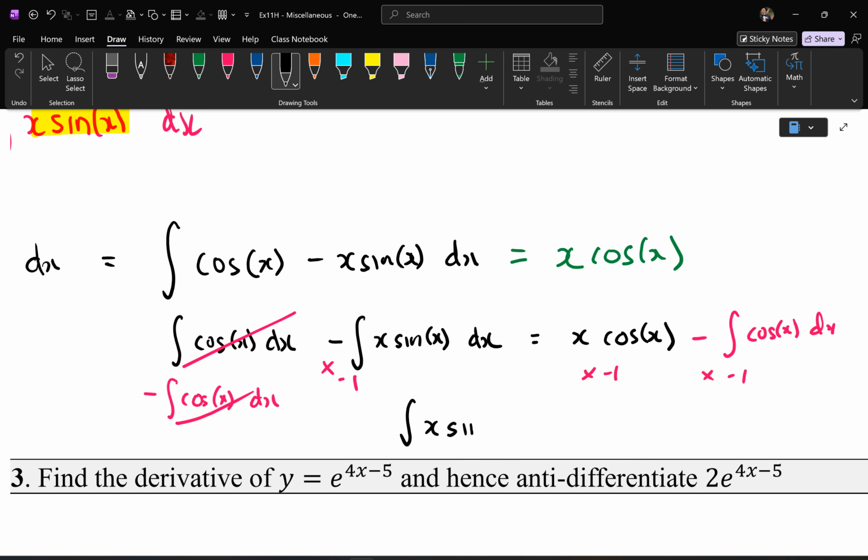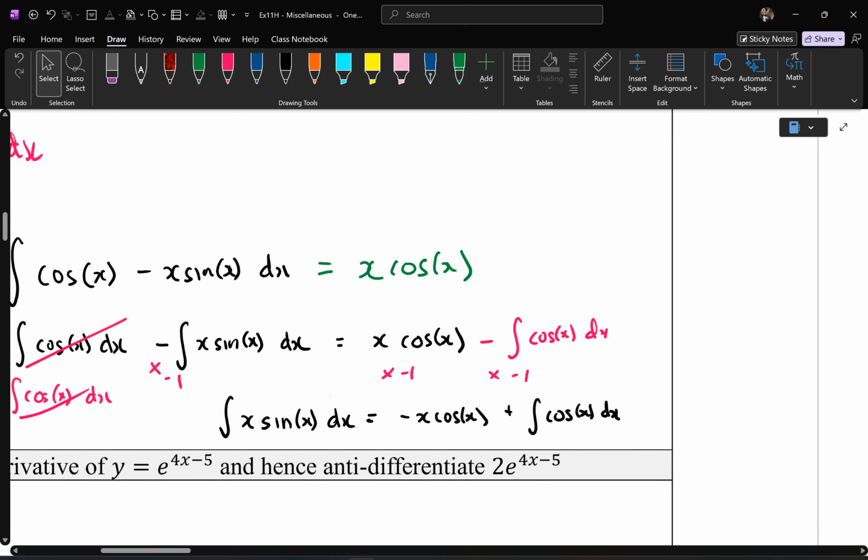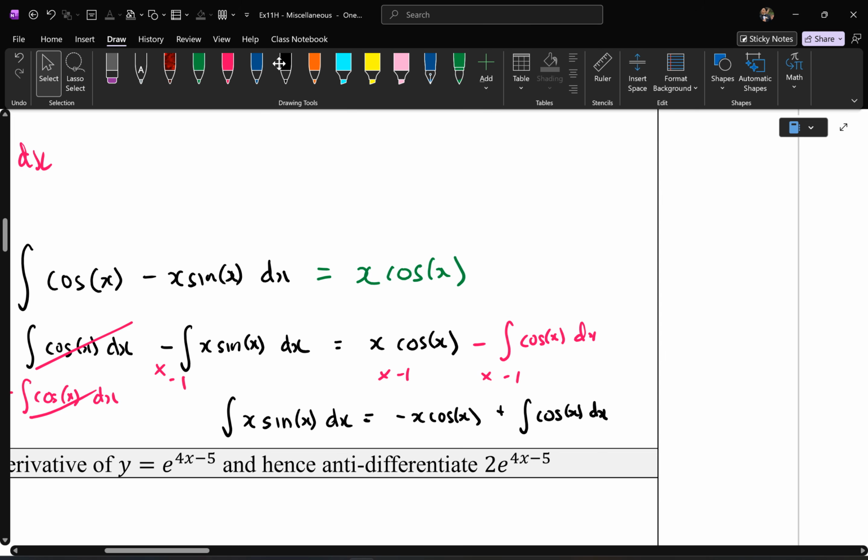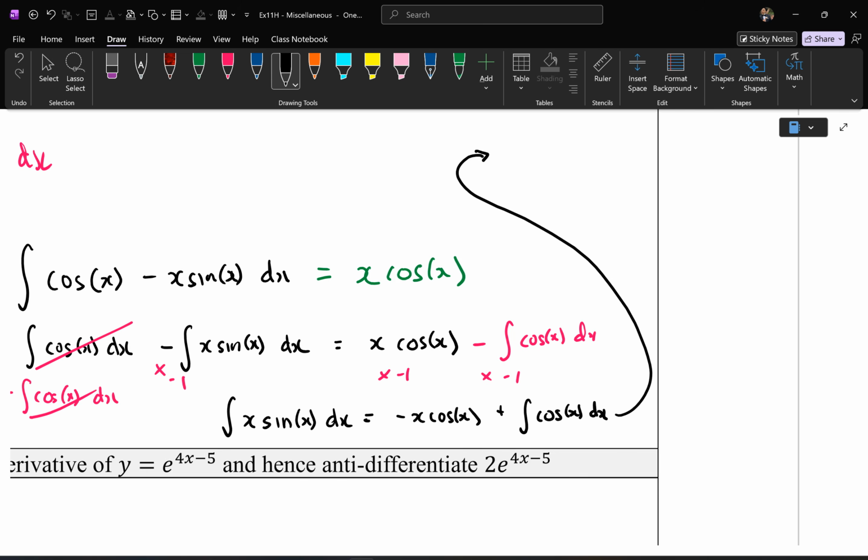Antiderivative of x times sine of x dx is equal to now negative x cos of x, and then that's plus antiderivative of cos of x dx. And then you're almost there. You're almost there. So this here, what's the antiderivative of x sine of x, which is what you're trying to find?